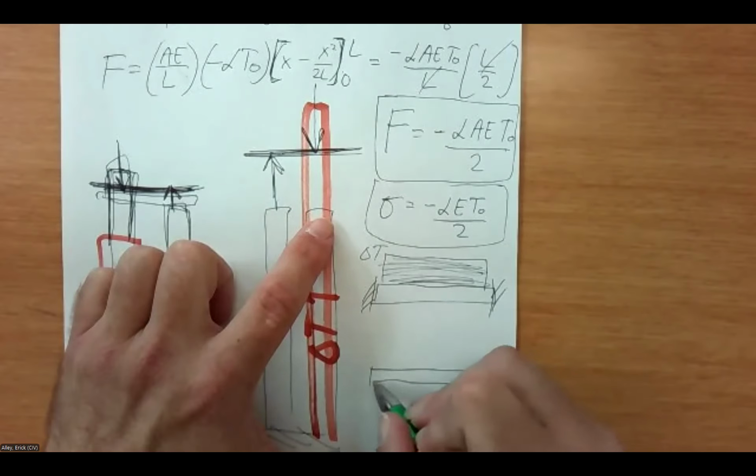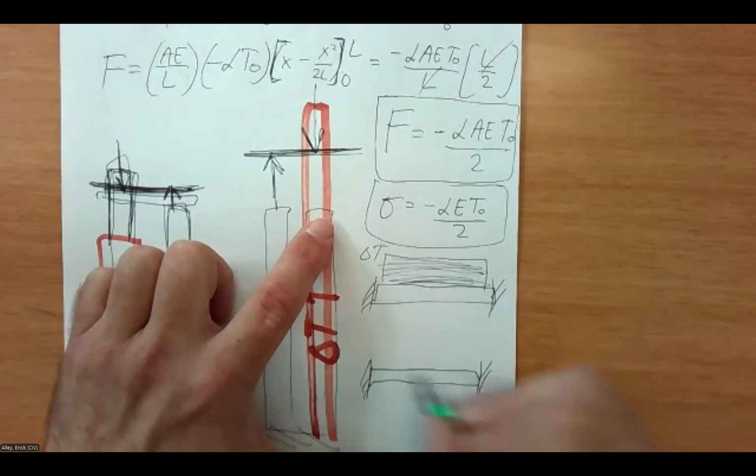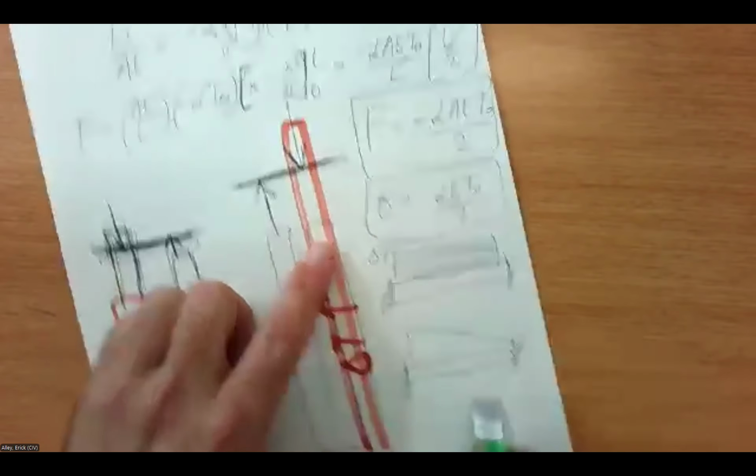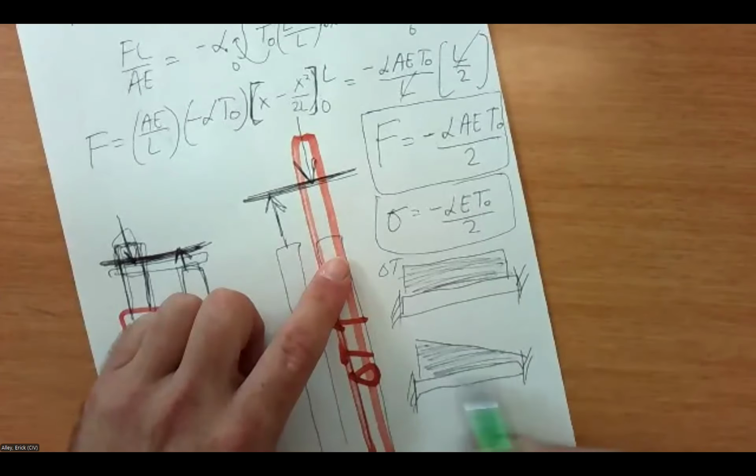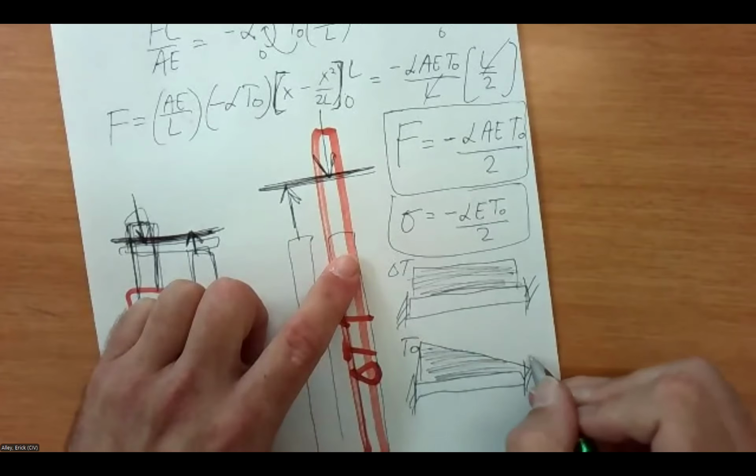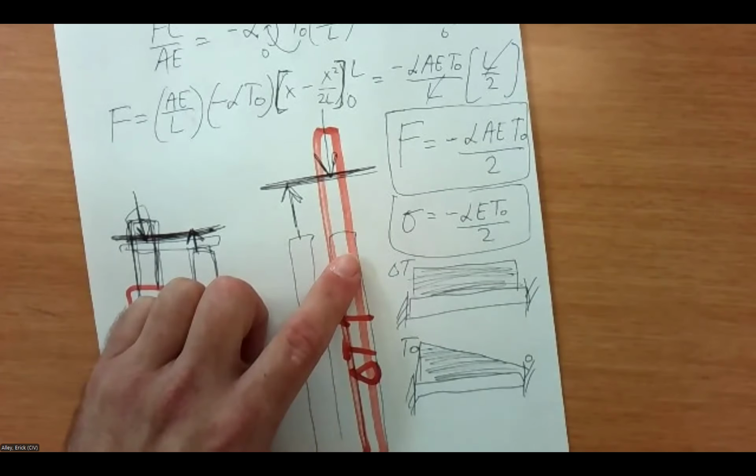In my tapered temperature load like this, I had a T naught over here and I had 0 over here, right?